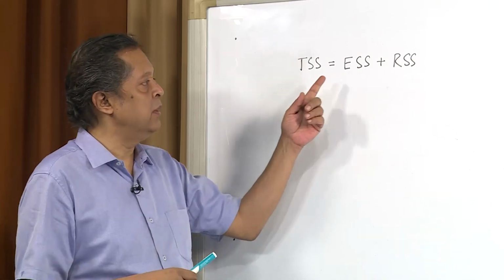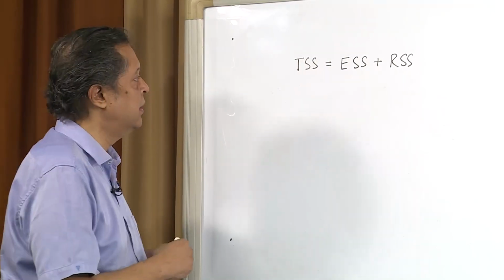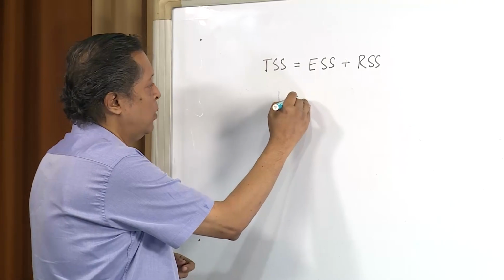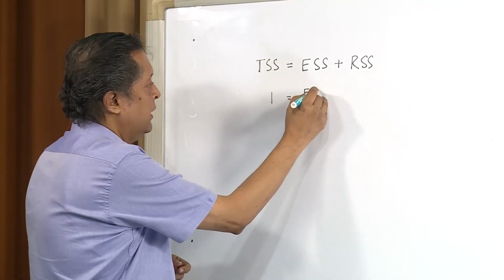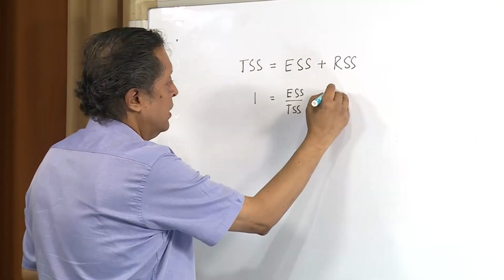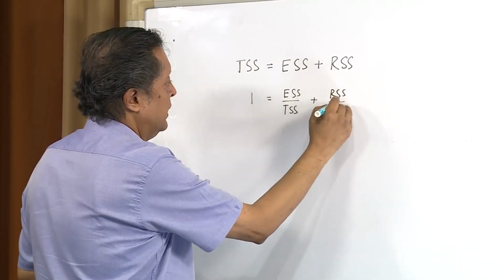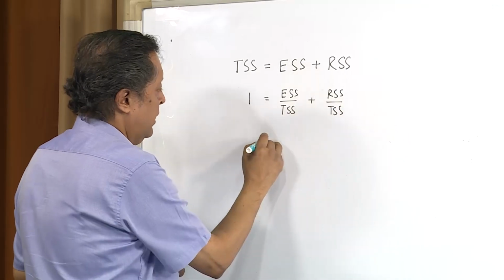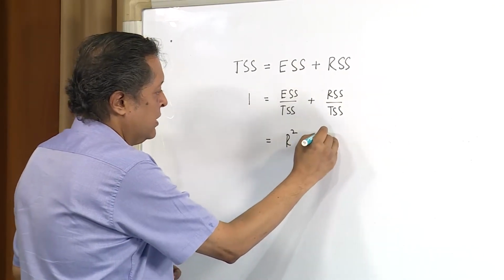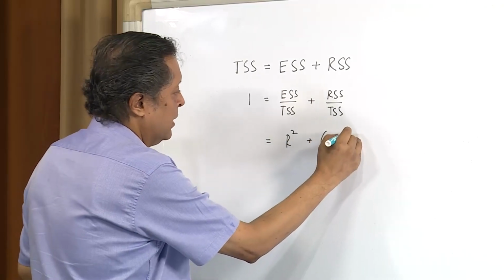So, TSS is equal to ESS plus RSS, and if we divide throughout by TSS, we get 1 is equal to ESS by TSS plus RSS by TSS. This by definition is equal to R square, and this therefore becomes 1 minus R square.